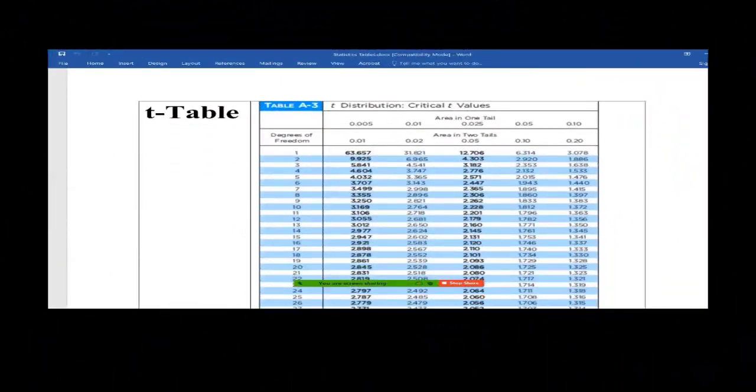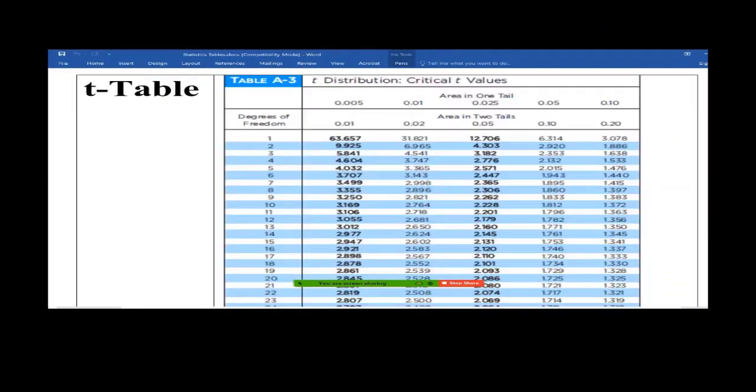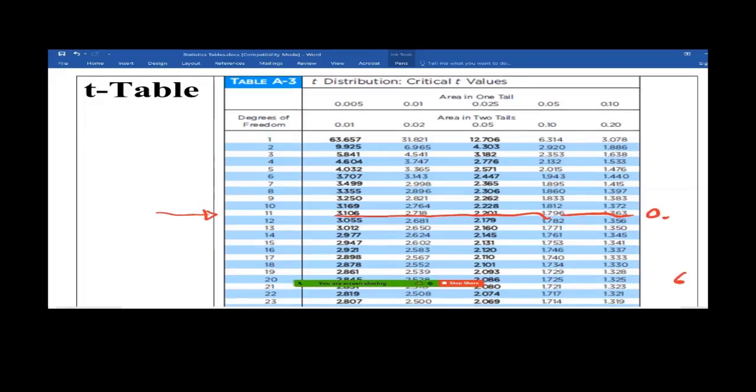Okay, so we are looking at the table. Let's say this is 11. Now, if you look, the numbers are getting smaller and smaller. So the number we were looking for was 0.66. Of course, it was negative, but it doesn't matter. So 0.66 is to the right of it. So take a look, area in two tails is 0.2 for the last given number of 1.363.